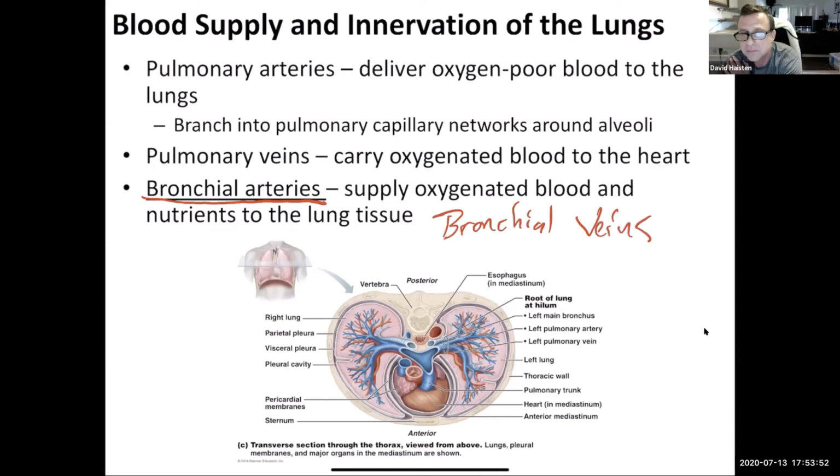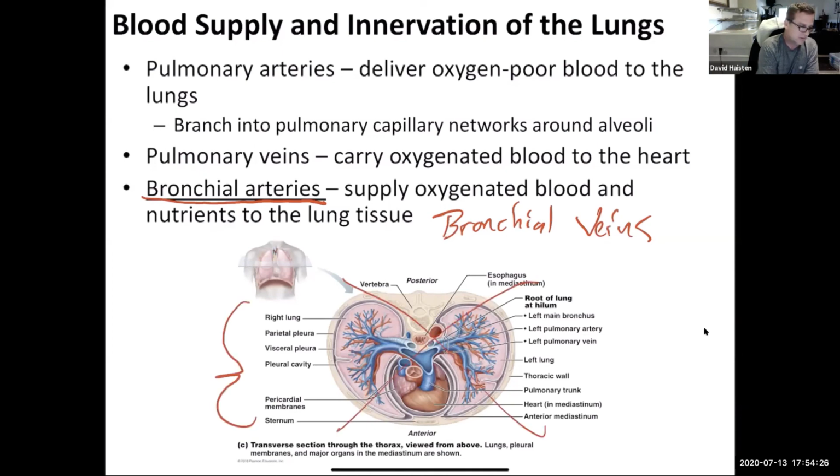So blood supply to the lungs: the pulmonary circuits bring blood to the alveoli to pick up oxygen. The bronchial arteries bring blood to the lung tissue because it itself needs nutrients and oxygen. What's going on with all this?